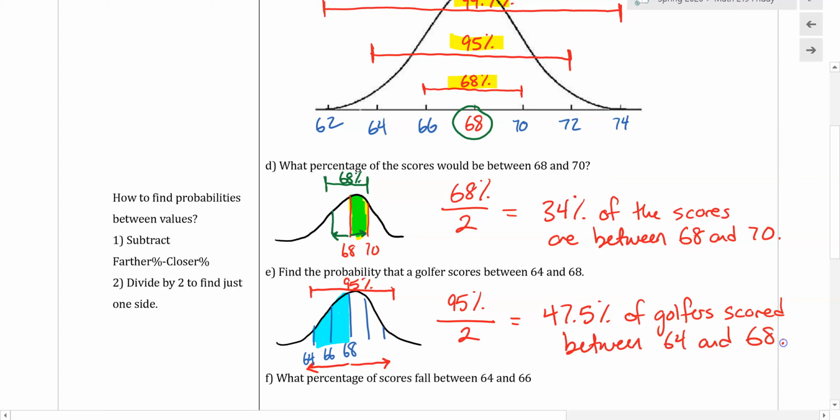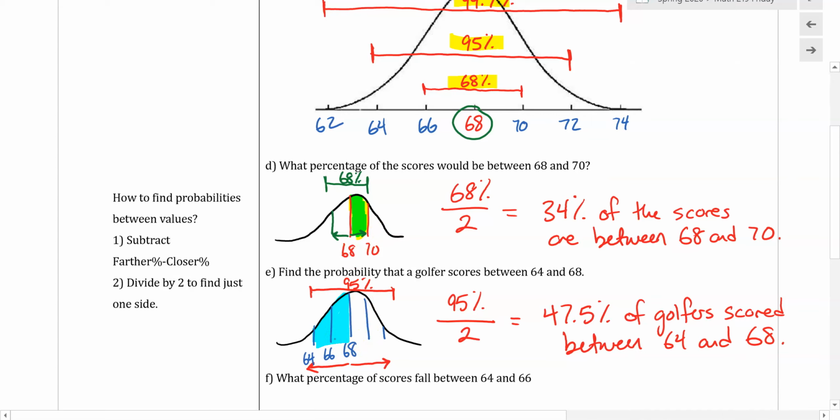Okay, so that's how the rest of this section is going to go. They're going to ask us a variety of these types of questions that we are going to have to use the empirical rule to dig our way out of. Now, what this is going to get into is, well, what happens if I go like 1.5 standard deviations left or right?